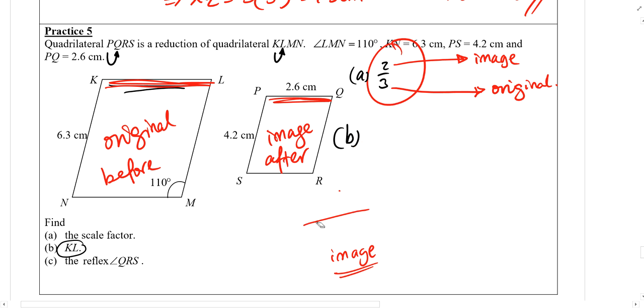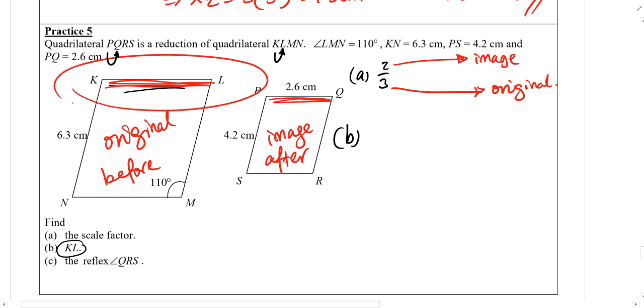The other way is to use our definition of the scale factor. So this is our scale factor, which tells us that image divided by original gives me 2/3. So since I want to find KL, does KL belong to my original or the image? Original, yes. So I need to find an image first. Image will be PQ over KL.